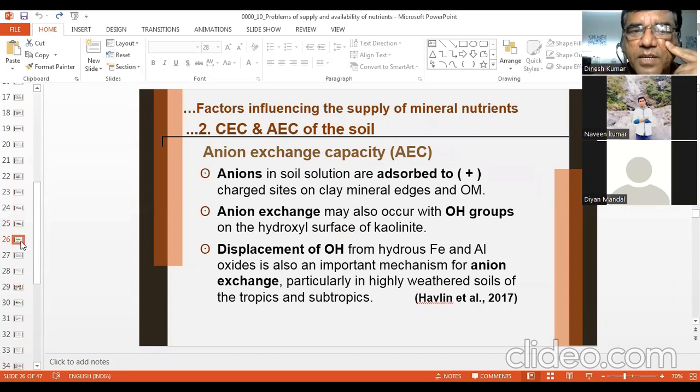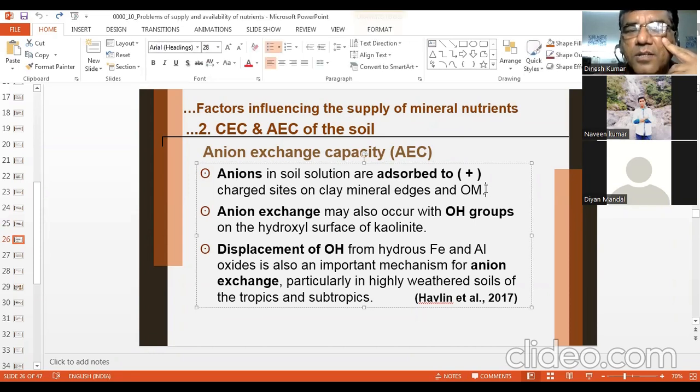Anion exchange capacity. Anions in soil solution are adsorbed to the positive charge sites on clay mineral edges and organic matter. So as cations are attached, similarly anions are also attached, but to the positive sites on the colloidal complex. Anion exchange may also occur with hydroxyl groups on the hydroxyl surface of kaolinite.